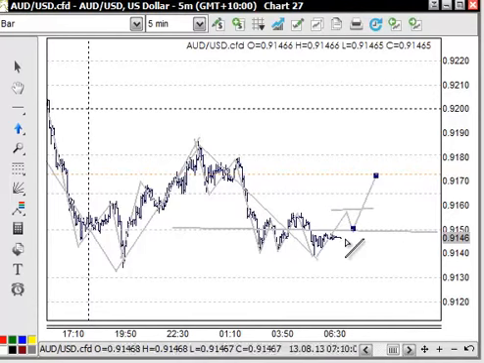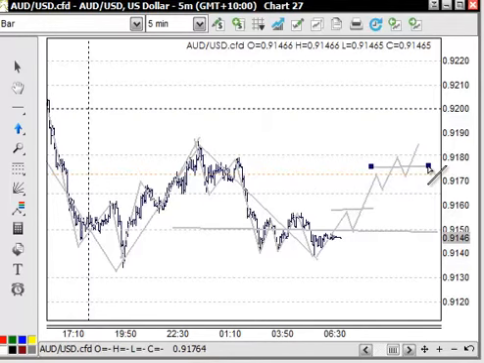If it doesn't find support there, only trade a small amount, and then you'd be looking for the 72 to become the support there and trade long from that point as well. Or you trade from here and get out here and then wait for support here, because it is the supply area through there.